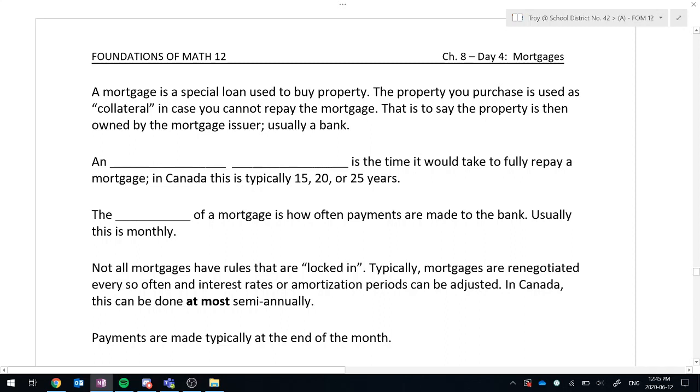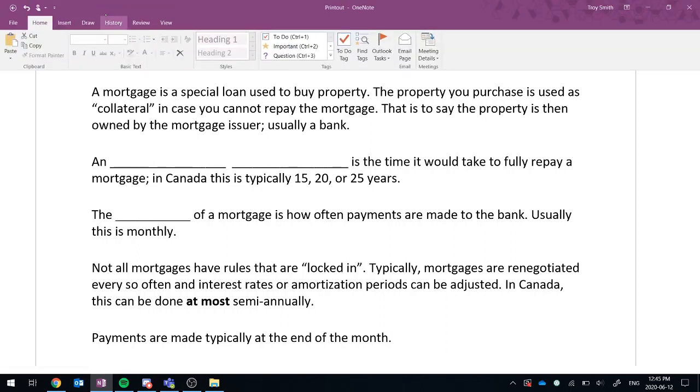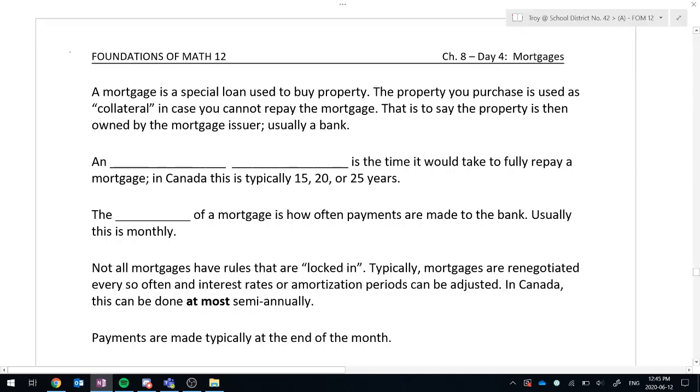So a couple of terms that we need to be familiar with. The first one here is an amortization period. An amortization period is the duration of the loan, essentially, or the duration of the mortgage.